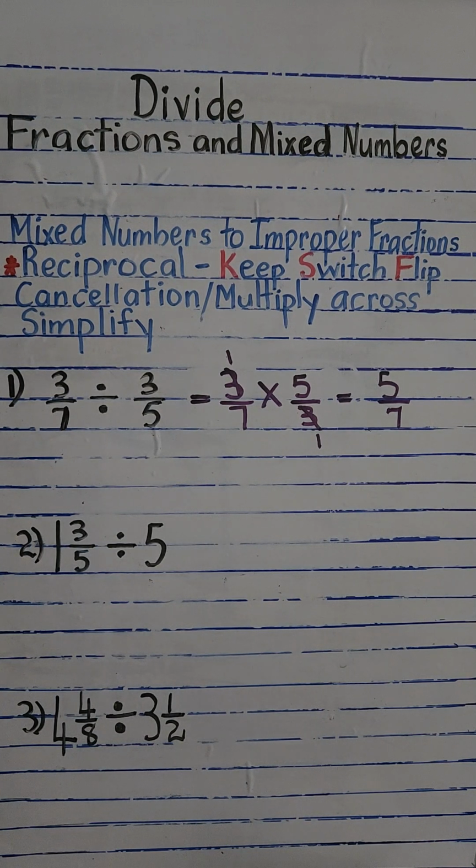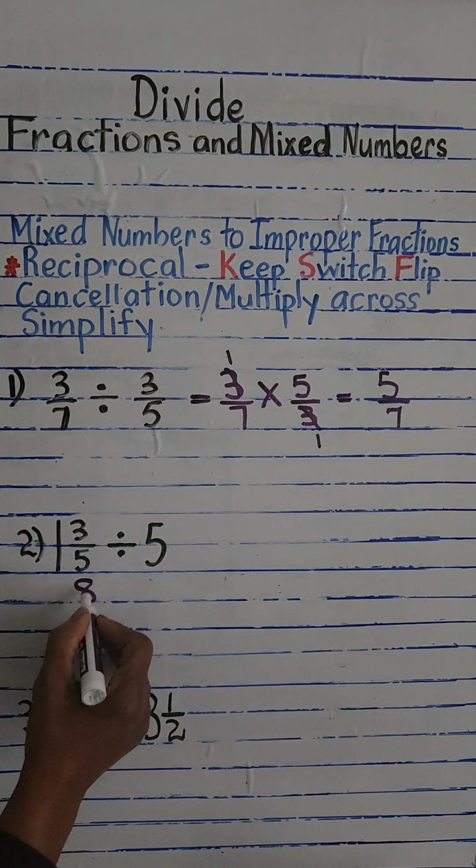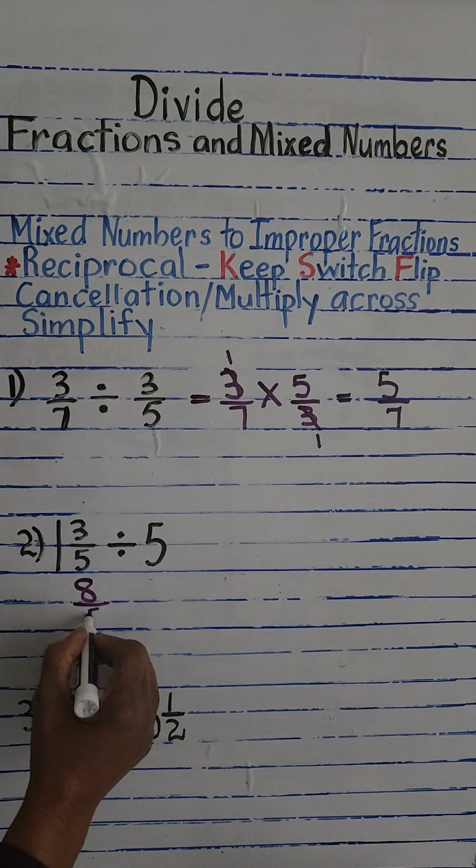Next, 1 3/5 divided by 5. Mixed number to improper fraction. 5 times 1, 5, plus 3, 8. So that is 8 over 5.